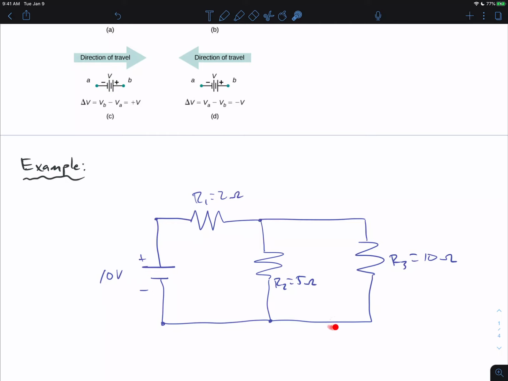We can have multiple power sources and all sorts of crazy things in our circuit, and as long as we follow these rules, we can solve for the current throughout my circuit, the effective voltage, and these sorts of things.